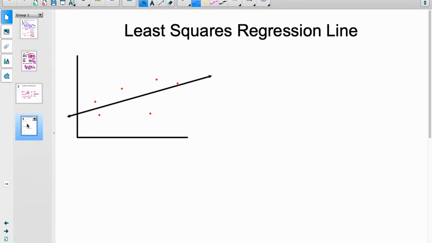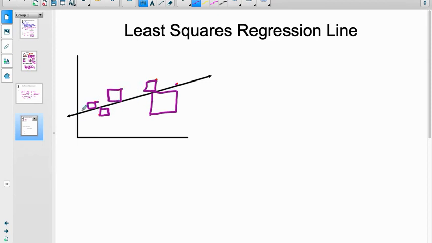The least squares regression line is the line that your calculator will come up with for you automatically. What it means is if we take the residuals and we square them, we do that with all of them, the area of those squares is minimized.